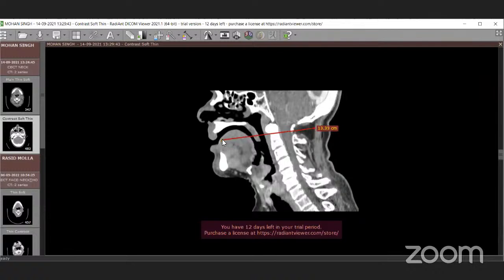This is the line along the inferior margin of the C1 vertebra. This is the anterior arch of the C1, this is the posterior arch of the C1. This is another line along the inferior margin of the C3 vertebra, and this is another line along the inferior margin of the C6 vertebra. Up to the C6 vertebra is usually the span of the pharynx.